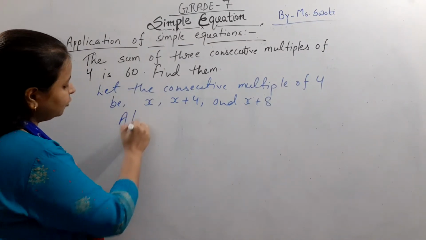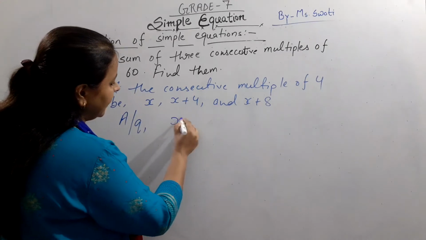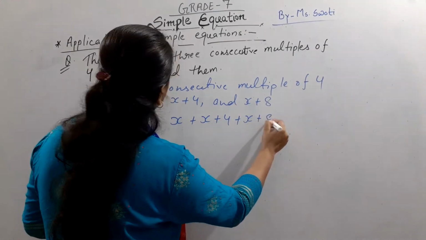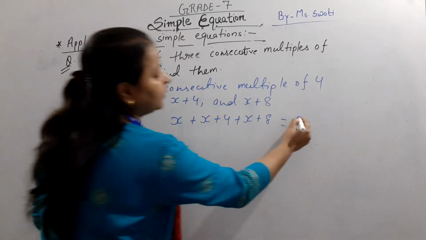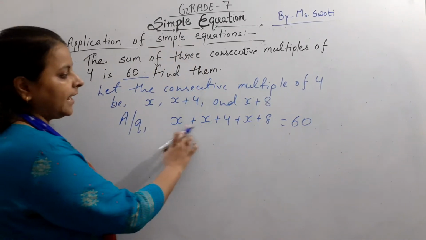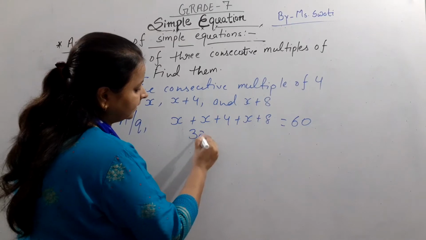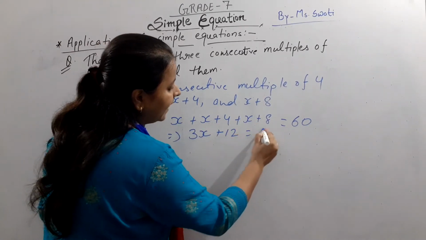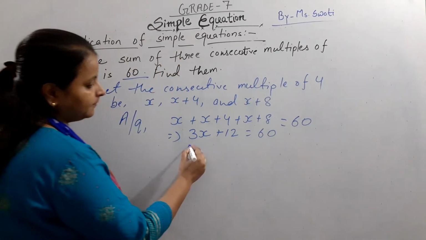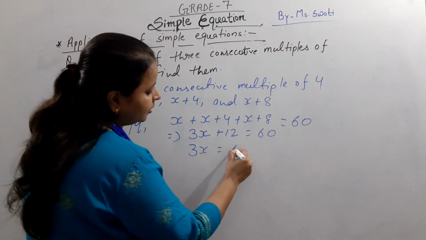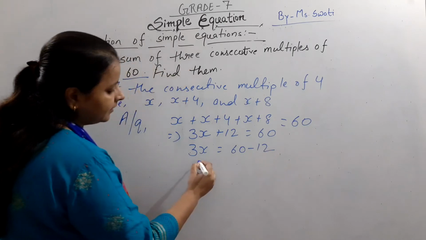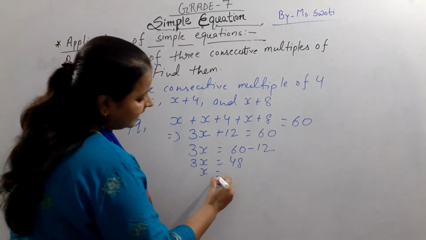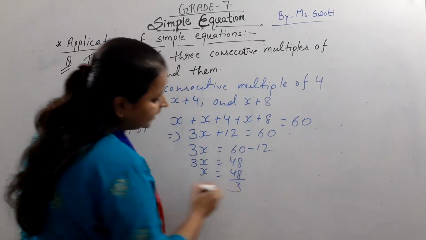So according to the question, it becomes x plus x plus 4 plus x plus 8 is equal to 60. Now x plus x plus x, we get 3x plus 4 plus 8, 12 is equal to 60. 3x is equal to 60 minus 12. 3x is equal to 48 and x is equal to 48 by 3.